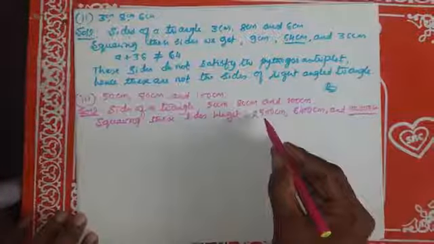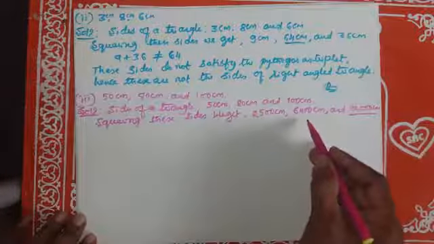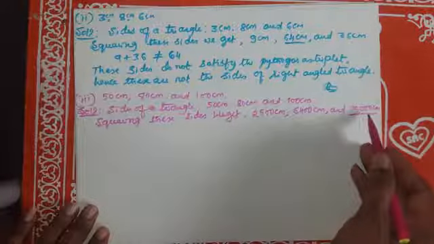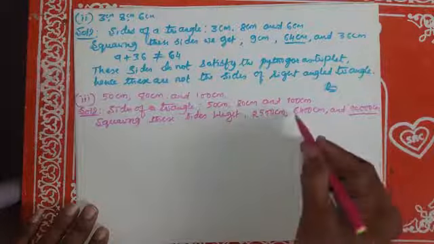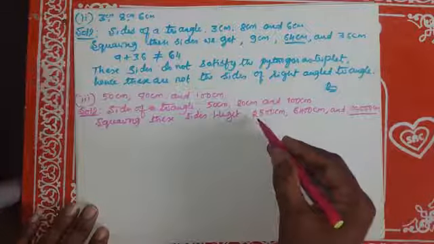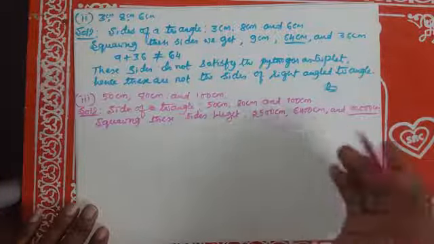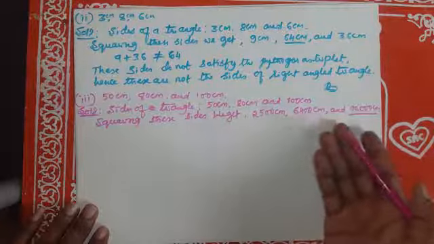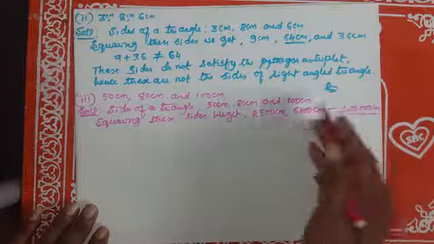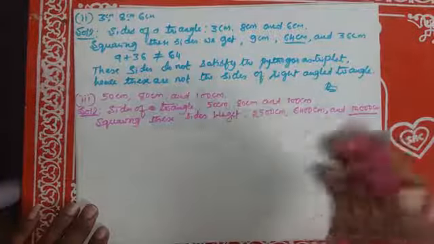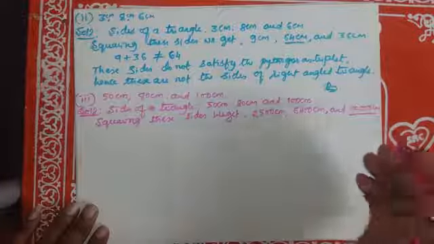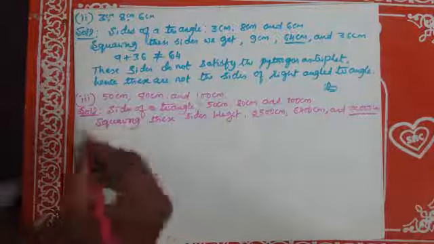The sum of the other two sides is not equal to the longest side, because we will get less than 10,000. See here, 64 plus 25 is 89, that is 8900. Is it less than 10,000? So these are not the sides of a right angle triangle, and they do not satisfy the Pythagorean triplet. This is the right answer.